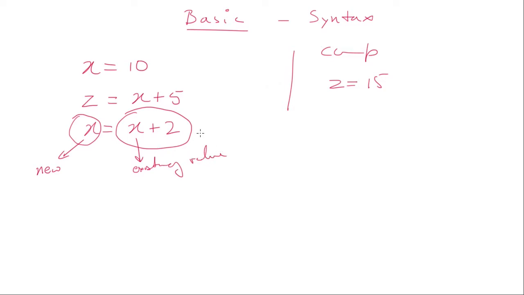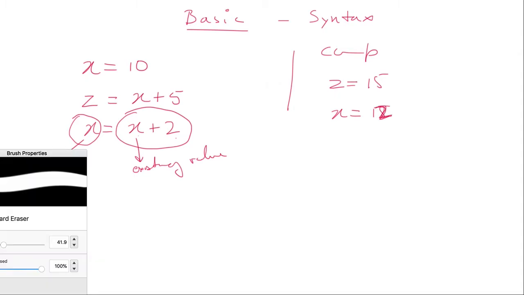Is that clear? So this becomes 10 plus 2 and the new x becomes, sorry, 12. Is that clear? Any doubt? Ask me right now. Any doubt over here?